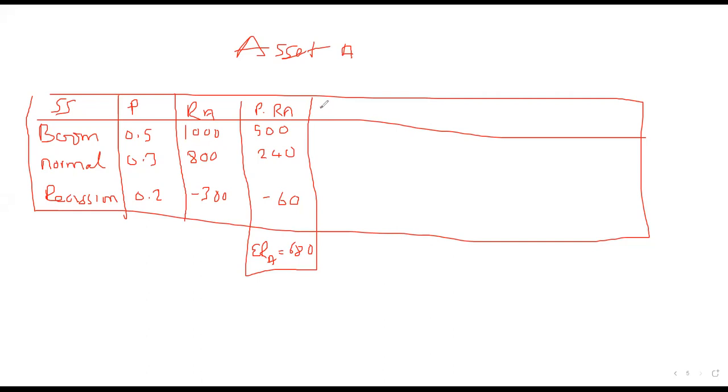Then now we want to calculate the variance and the standard deviation. So for the return on A, we subtract the expected return on A. So 1,000 minus 680 gives 320.